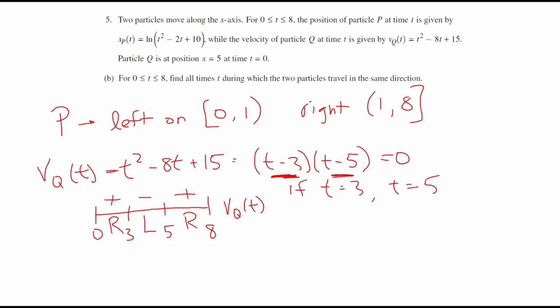So now we just look at our overlaps, right? From t equals 0 to 1, p is moving left, but on none of that interval is q moving left. It's always moving to the right there. And then q is moving to the right from 0 to 3, which overlaps with 1 to 8 a little bit, so 1 to 3.